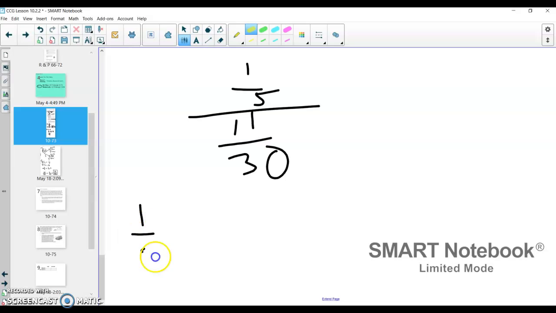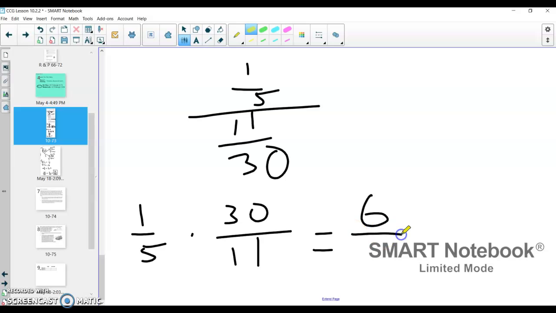You get 1/5 times 30 over 11, keep, change, flip, and then multiplying out here. This actually reduces down right away to 6 over 11. And that is your probability that you spun blue knowing that you got a pig.